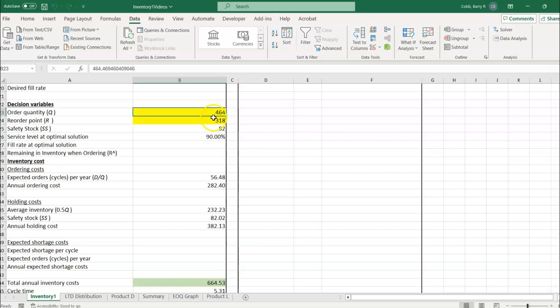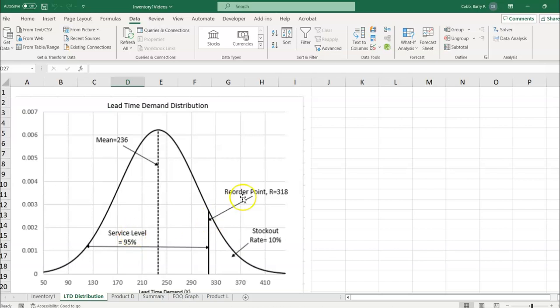And what we find is our reorder point of 318 will give us now a service level that's 90%. In terms of the picture, this shows the reorder point that achieves 90%. And so we have here a 10% stockout rate, and actually this label on service level should say 90%.